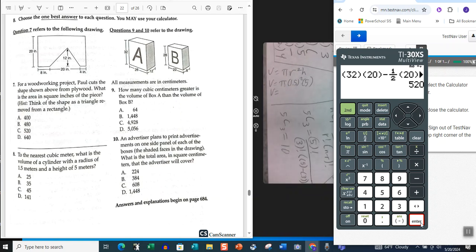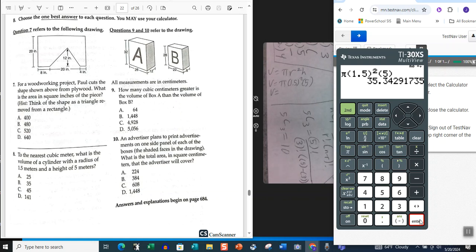So the volume is equal to pi, then the radius 1.5, and that's radius squared, times 5, press enter.